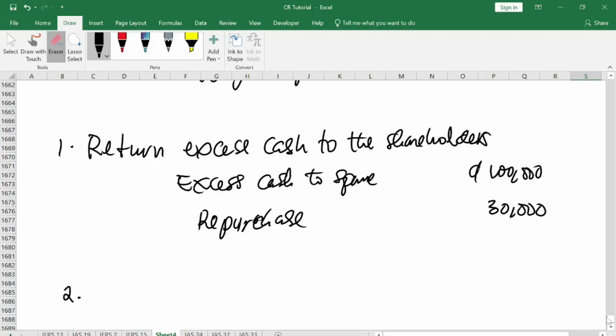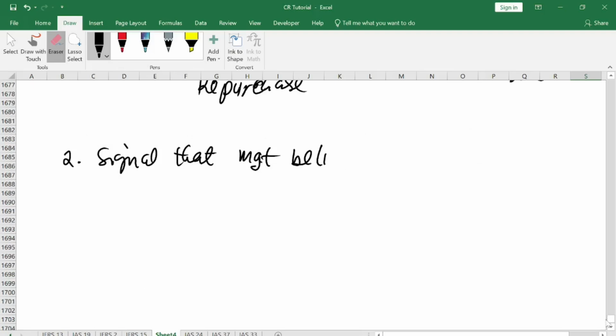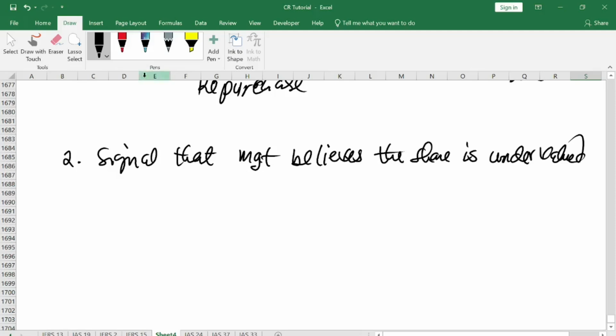All right. So two, it's a signal that management believes the share is undervalued. What does this mean? The share is undervalued. You understand? So here, listen, the management of the company has insider information about the company.